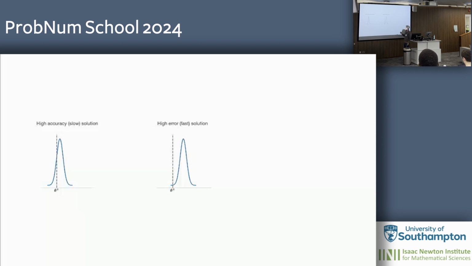But if you do that, then it's possible to show that you can obtain posterior distributions that are still peaked to roughly the same degree as this high accuracy solution over here, but biased, shifted away from the true posterior mode. So a particularly troubling thing here is that theta dagger lies in a very low probability region of the posterior, which is what we'd like to avoid.